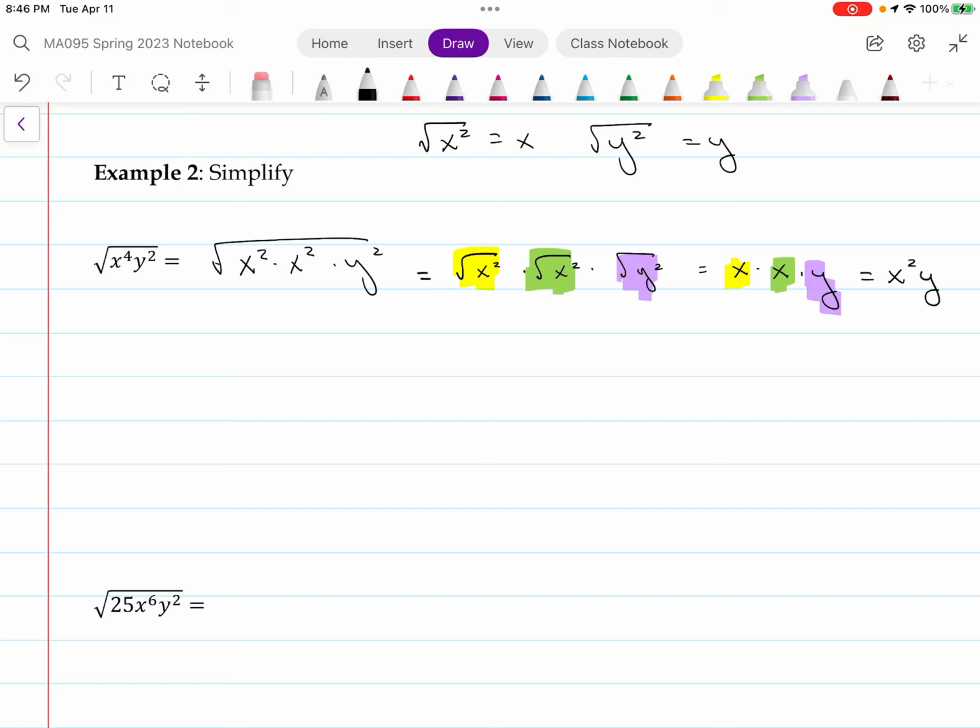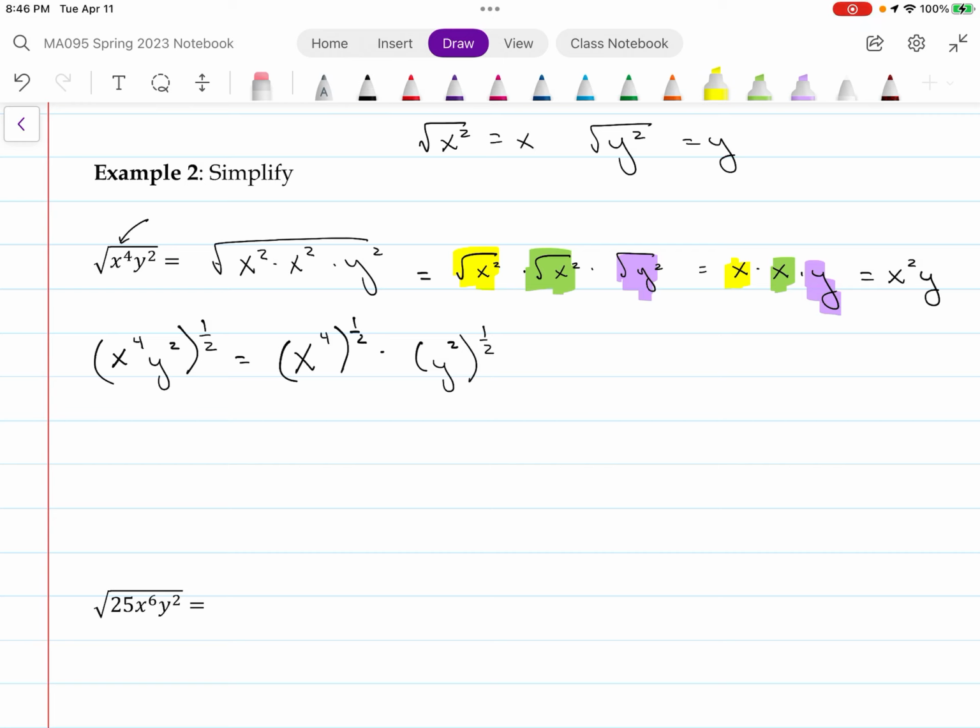Okay, so we could also use the exponent rules for this. So this is x to the 4th y squared to the 1/2 power. So remember the radical sign means to the 1/2 power. All right, so if you know your exponent rules, they really help with this. So x to the 4th to the 1/2 times y squared to the 1/2 is what we get here.